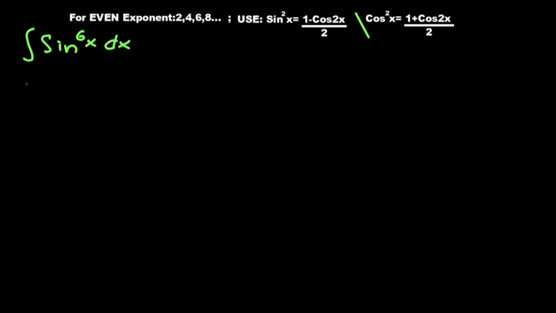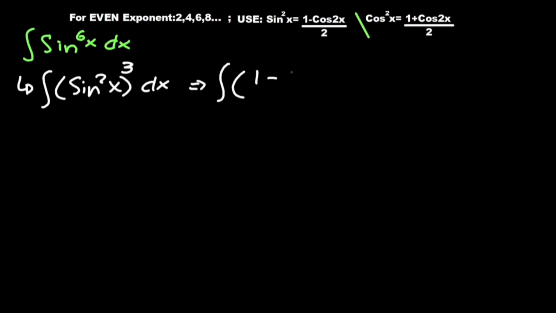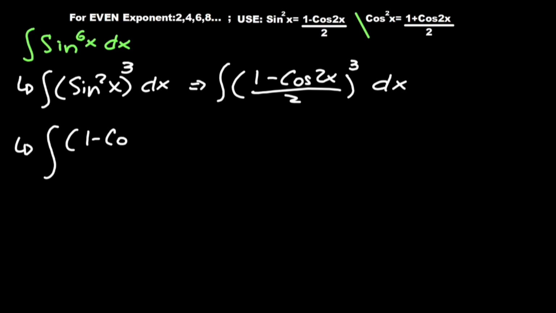Integral of sine to the power of 6 of x dx. So put it in the form of sin² of x first. 2 divided by 6 would be 3. And so transform this. So this would be 1 minus cosine 2x over 2 raised to the power of 3 dx. And so we can rewrite this again as 1 minus cosine of 2x raised to the power of 3 over 2 raised to the power of 3, which is 8.